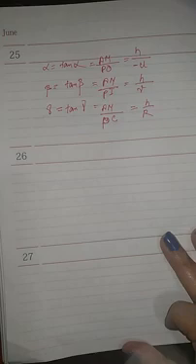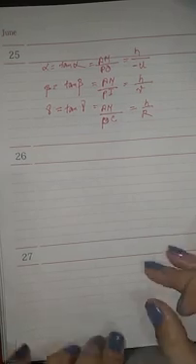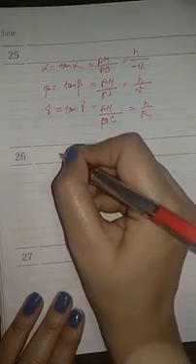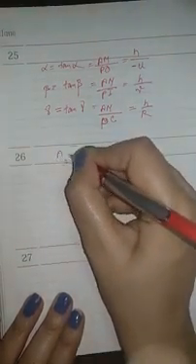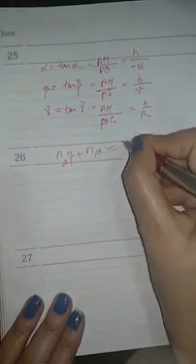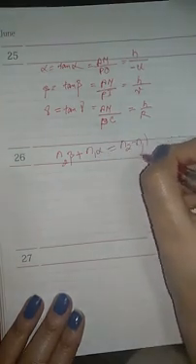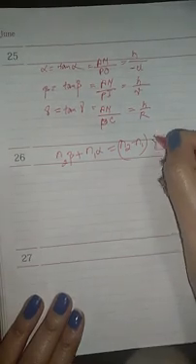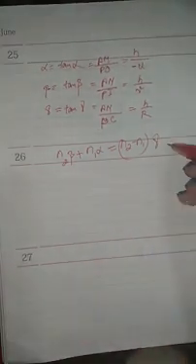Now substituting these values in equation number 3. Our equation number 3 is n2 beta plus n1 alpha is equal to n2 minus n1 times gamma.